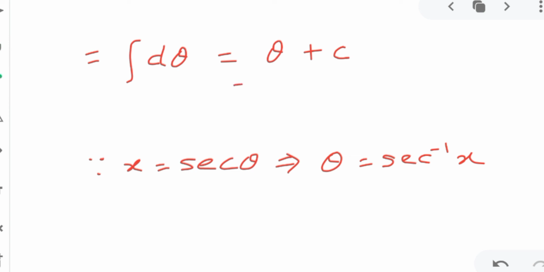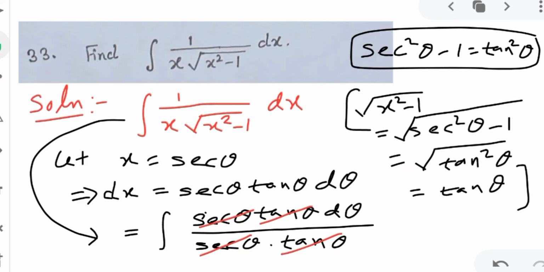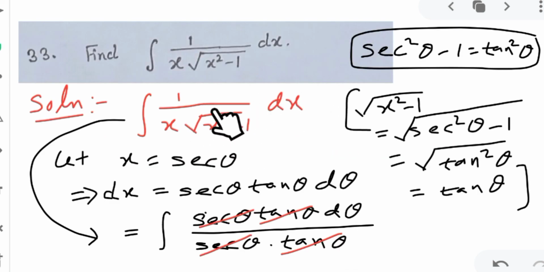So theta I will replace as sec inverse x plus c. That will be our integration result. Okay, so the integration of 1 upon x root over x square minus 1 is nothing but sec inverse x plus c, and this is one formula we also use in different types of questions.